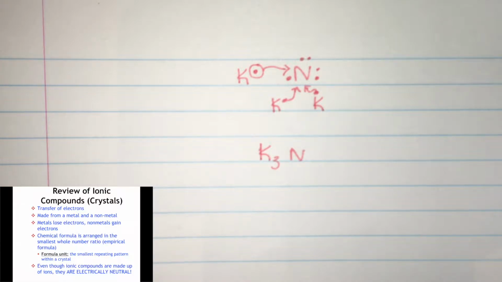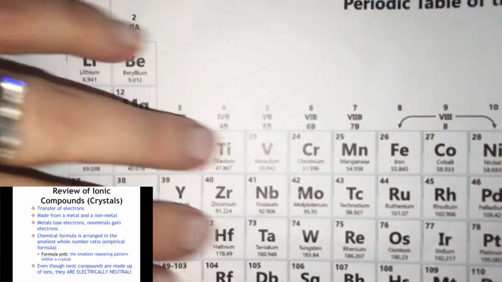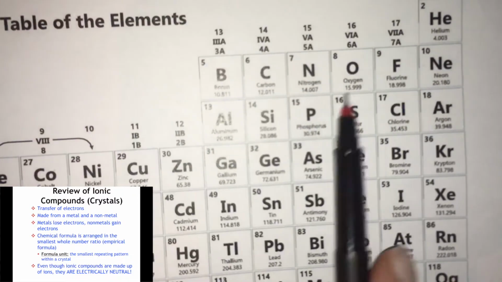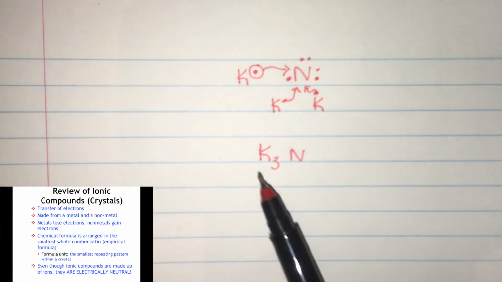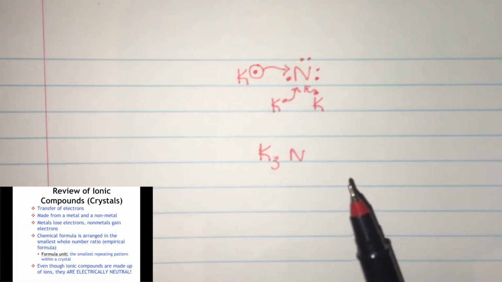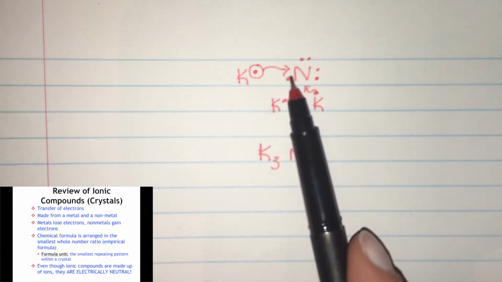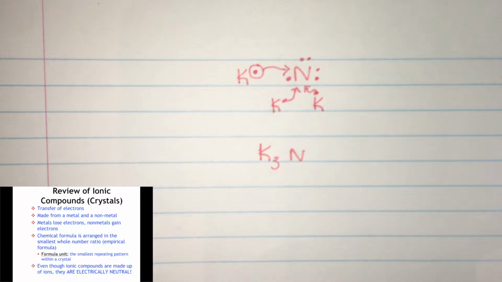It is made from a metal and a non-metal. So a metal somewhere from over here, non-metal from around here. You'll notice the potassium is a metal, nitrogen is a non-metal. And the metals are the ones that are losing the electrons. They're the ones donating.